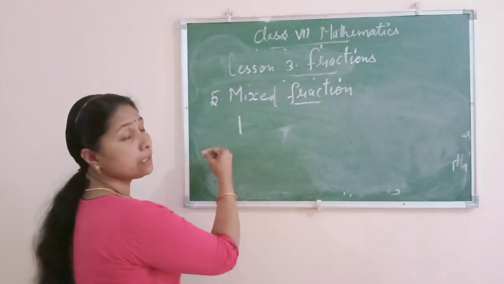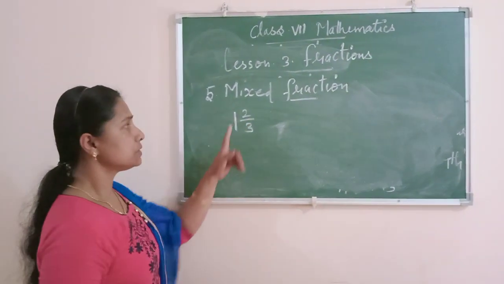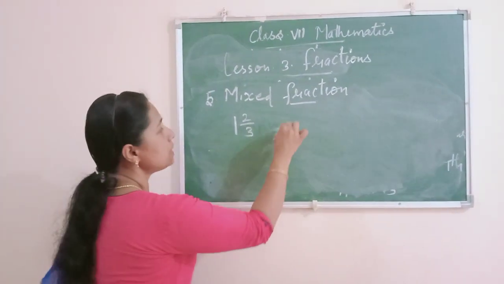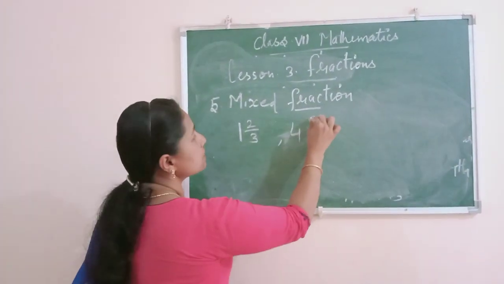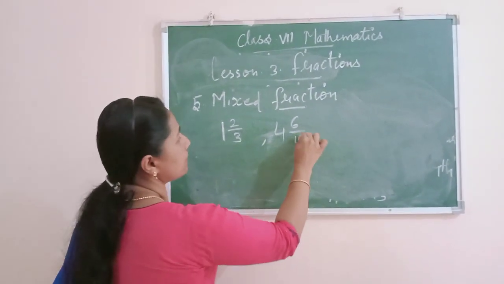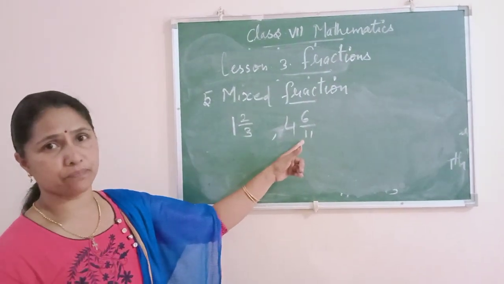This one is an integer and a proper fraction, 2 upon 3. You can read this fraction as 1, 2 upon 3. One more example, 4, an integer with another proper fraction, that is 6 upon 11. This is also an example for mixed fraction.